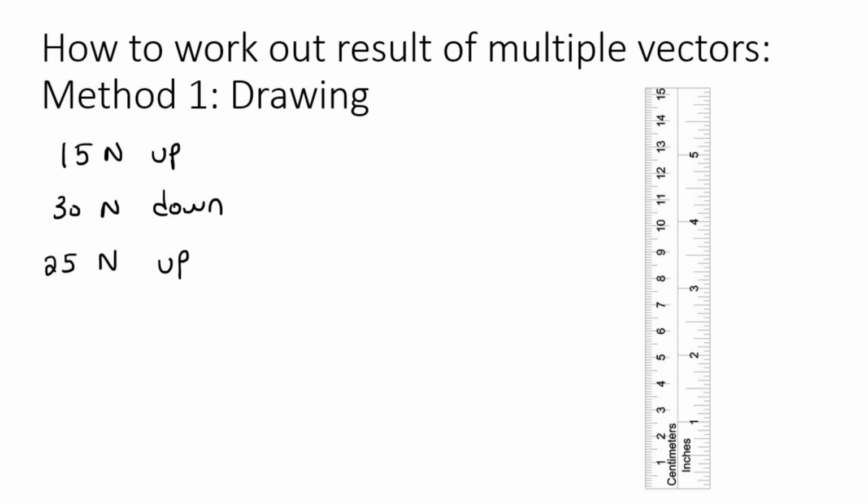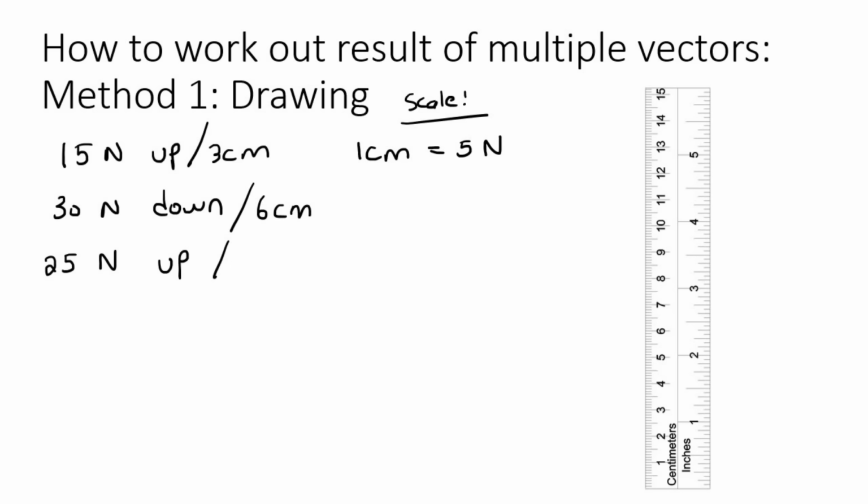And so this is where we use a scale. Okay, so what we could say is that 1 centimeter on our ruler is going to be 5 newtons, because then this one will only be 3 centimeters, which our ruler can do. This one will be 6 centimeters, and this one will be 5 centimeters.